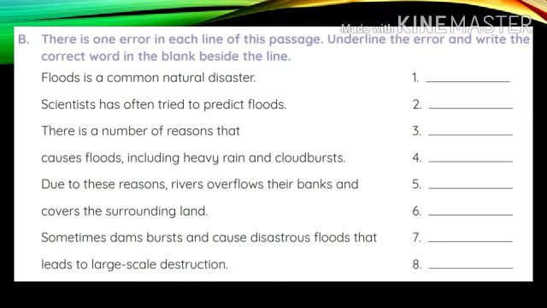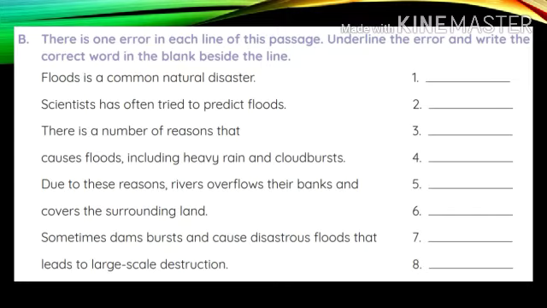Scientists, it is written has, it is supposed to be have. Scientists have often tried to predict floods. There is a number of reasons that. So here it is supposed to be there are a number of reasons.